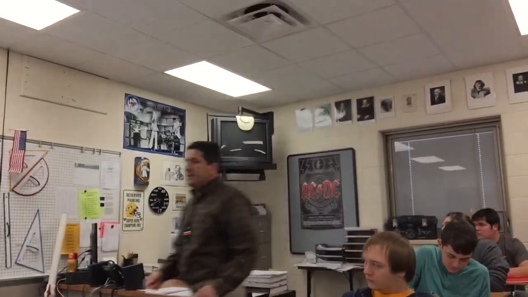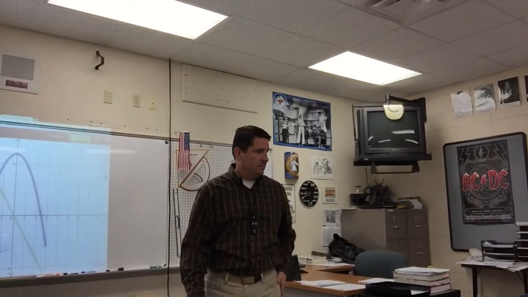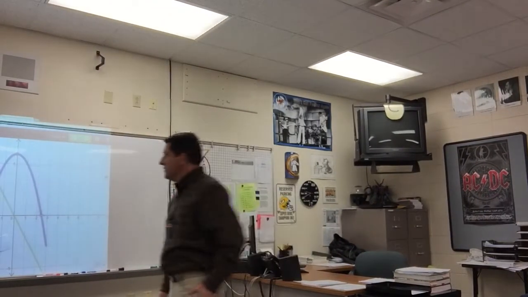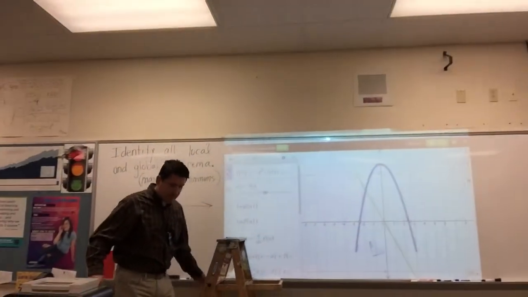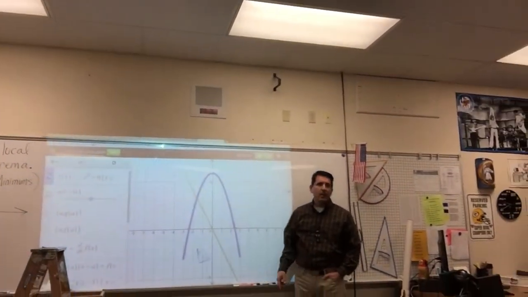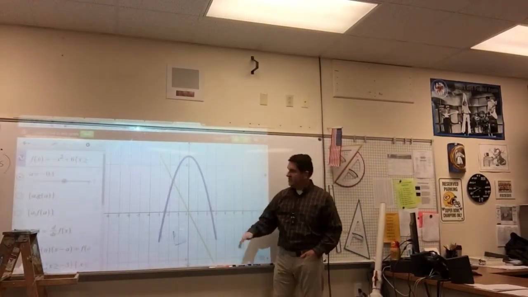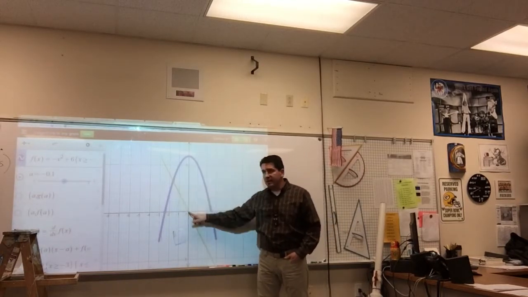All right, here's my demonstration as to why those are brackets, not parentheses. Okay? So I have the graph of the derivative, you can see there, and I have the graph of the actual function, or one of the functions, because remember, there's an infinite number of functions whose derivative is this.